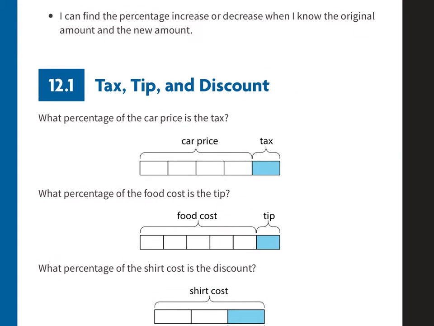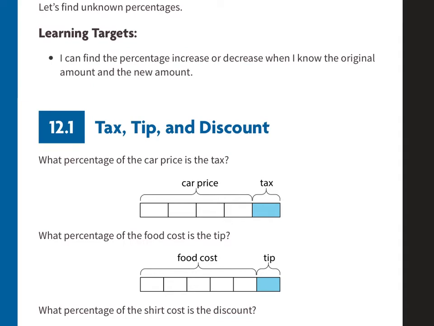Lesson 12. I can find the percentage of increase or decrease when I know the original amount and the new amount. On page 91, tax, tip, and discount, what percentage of the car price is the tax?